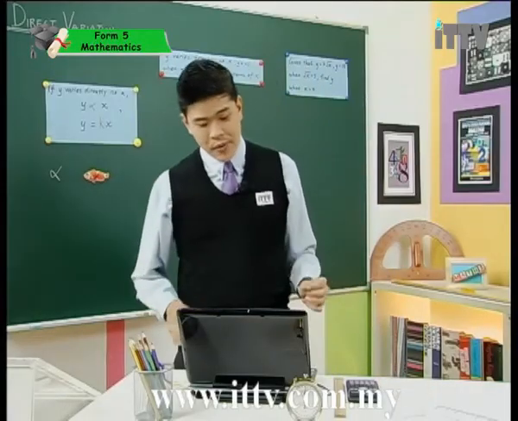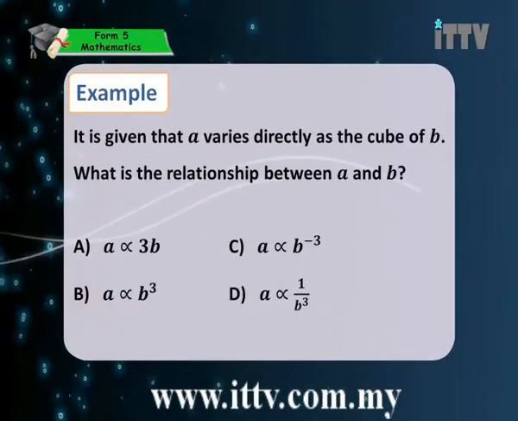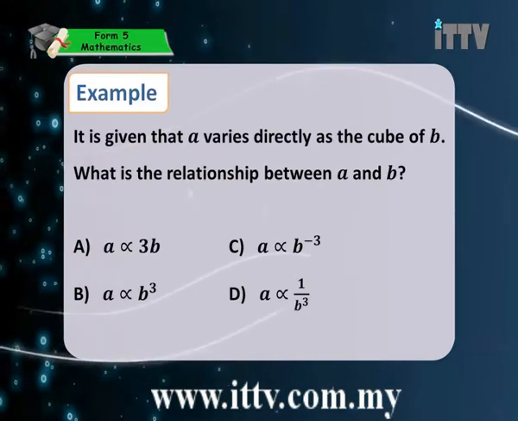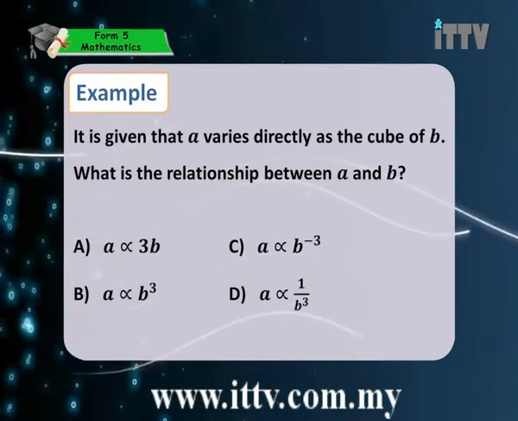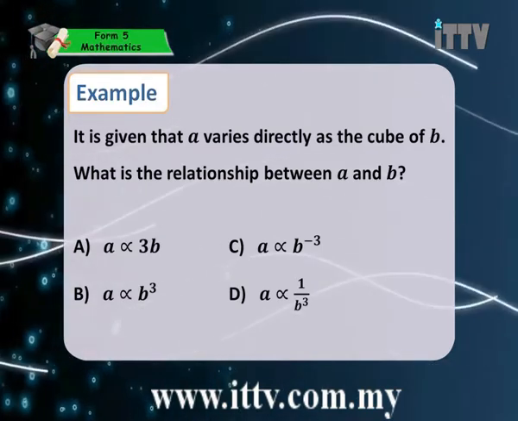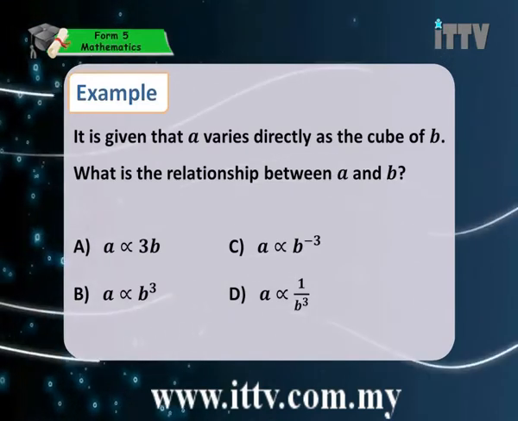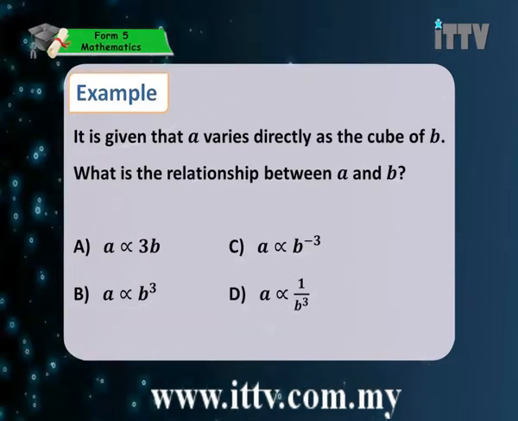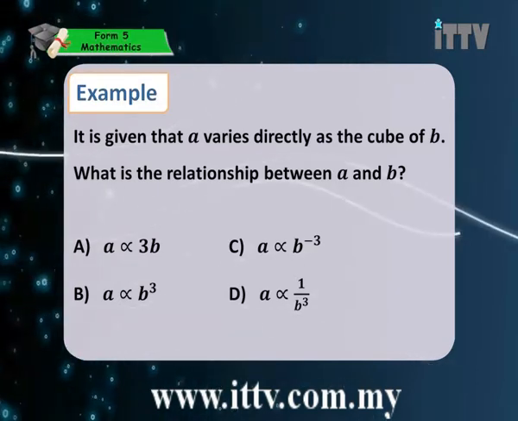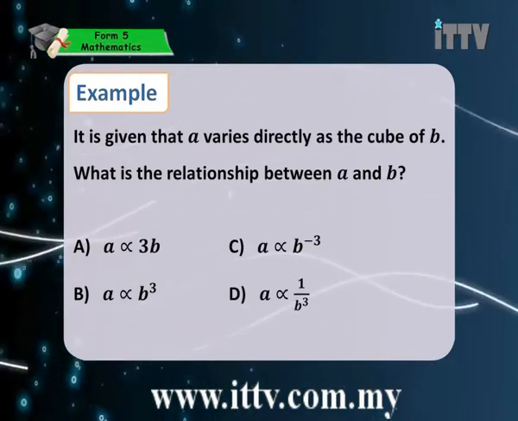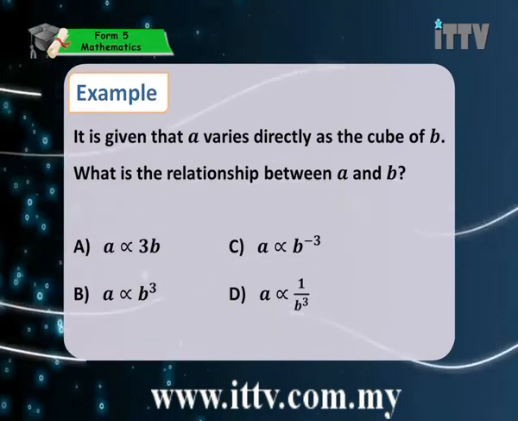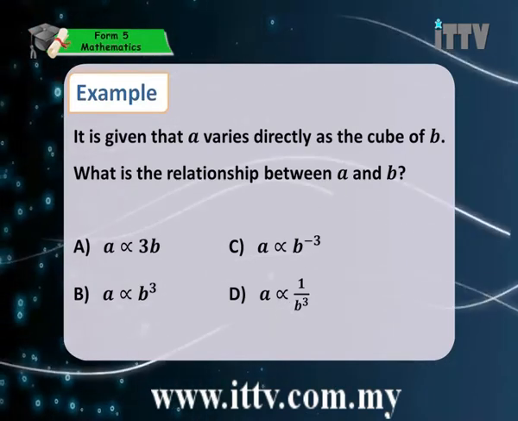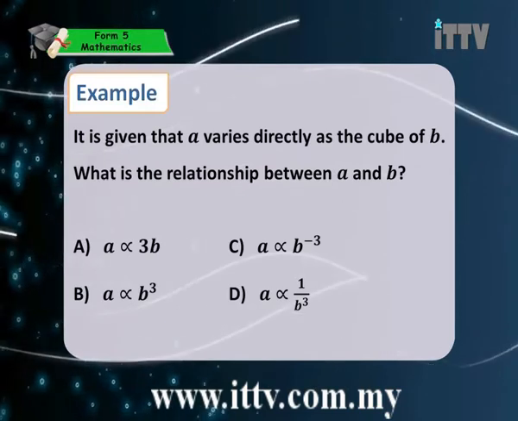Alright, next example. It is given that A varies directly as the cube of B. What is the relationship between A and B? Alright guys, can you try this yourself? Is it A, A varies 3B, B, A varies B cubed, C, A varies B to the power of negative 3, or D, A varies 1 over B cubed?